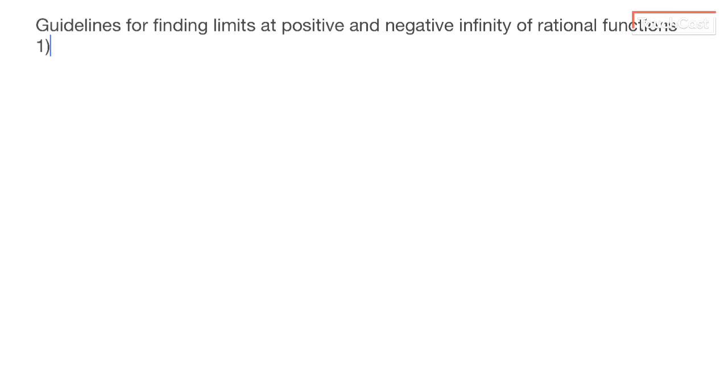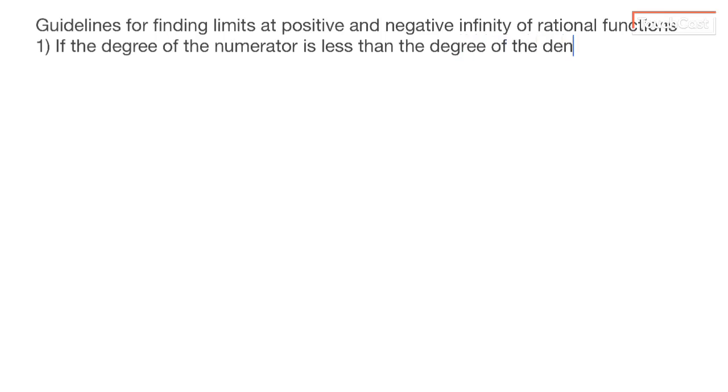So the first thing we can say is if the degree of the numerator is less than the degree of the denominator, then the limit of the rational function is 0. Just like 3a. We had a higher power in the denominator. That's what we had to divide by. We ended up with 0.